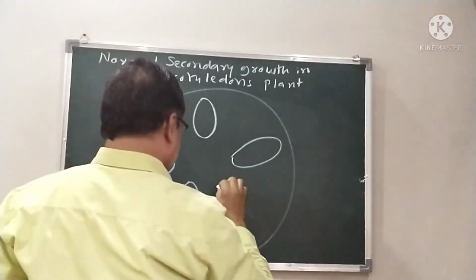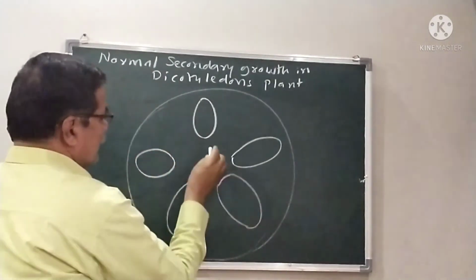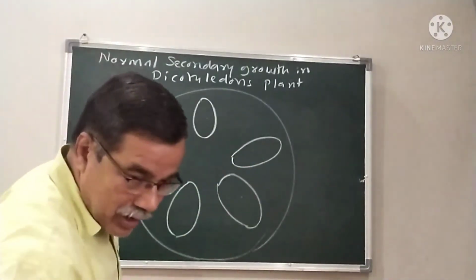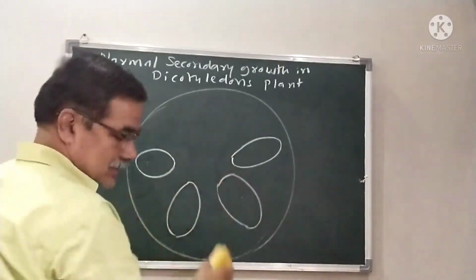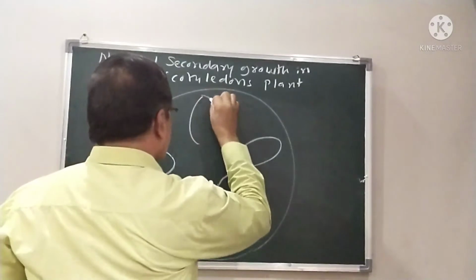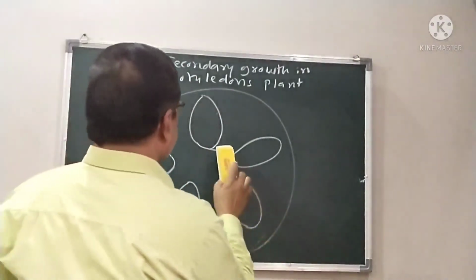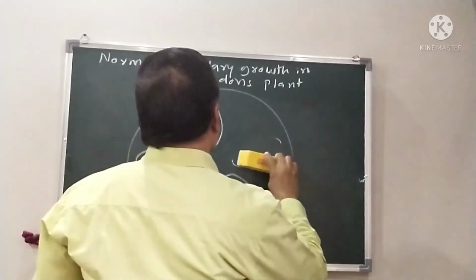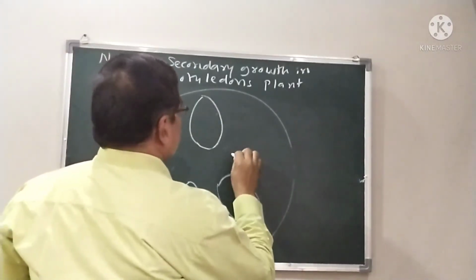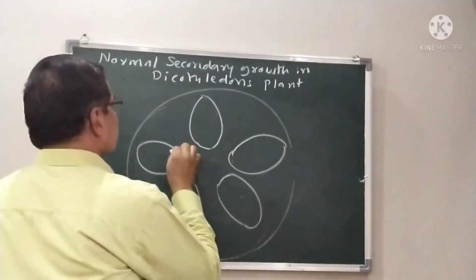For a better understanding, I am going to draw only 1, 2, 3, 4, 5 vascular bundles for consideration here. But a majority of 16 to 18 vascular bundles are present in the dicot stem. These are considered many in number.